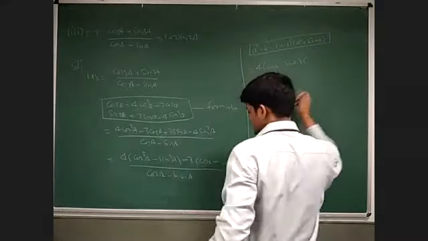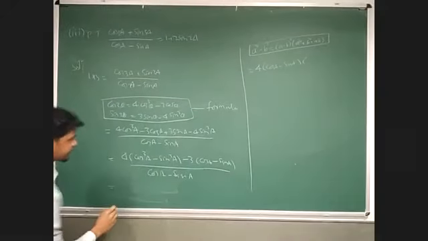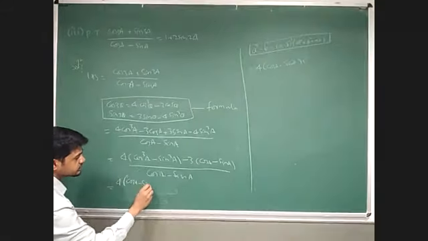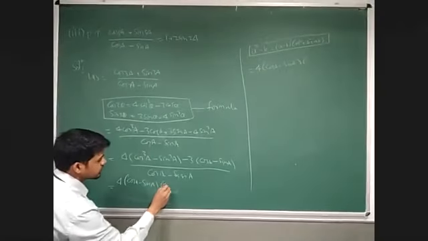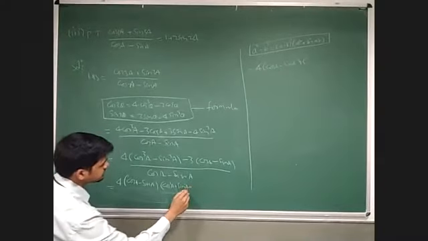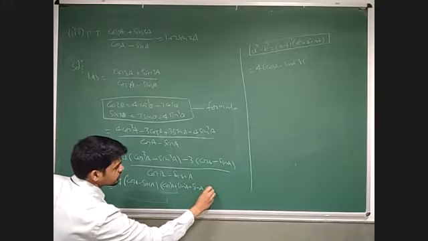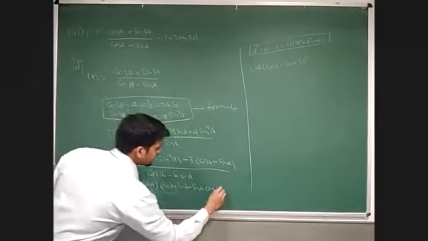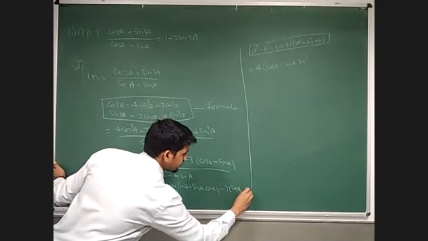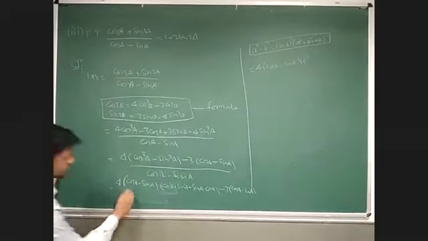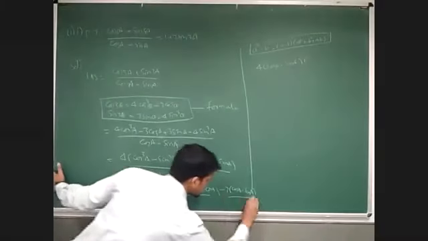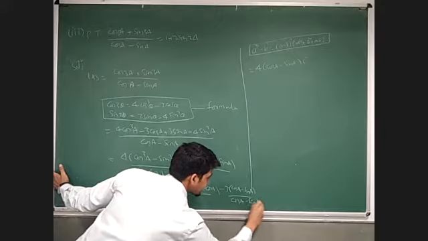There is no space here for me, so I will do it here. 4 (cos a minus sin a)(cos square a plus sin square a plus sin a cos a), minus 3 (cos a minus sin a). Okay, now here I am going to separate out cos a minus sin a from numerator and denominator.